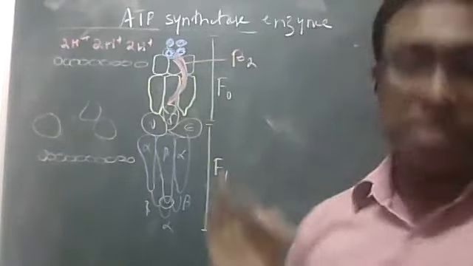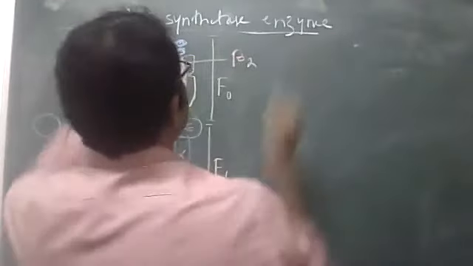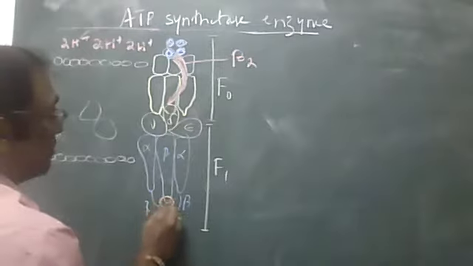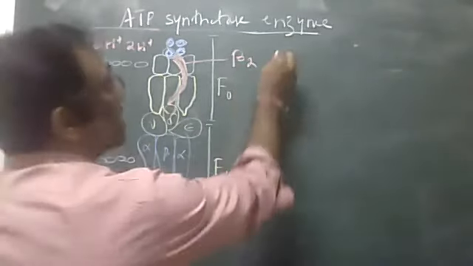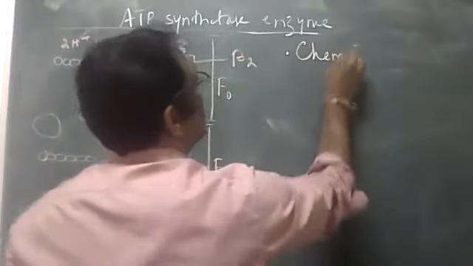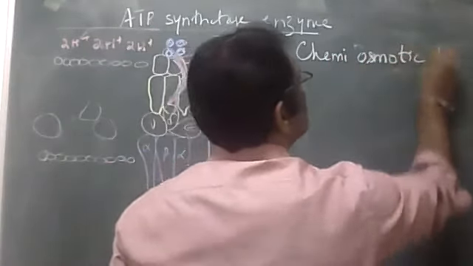So supporting this, I have a few things to tell you. So ATP synthetase enzyme we are talking about. It is present in this region. This is the enzyme. To explain ATP synthesis, we have a theory called the chemiosmotic theory. Note down this word.